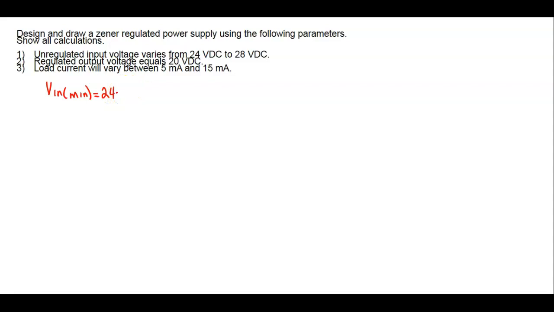24 minimum would be 24 volts DC, and the VN max would be equal to 28 volts DC. And then our circuit, like I said, you can draw it like this, whichever one you prefer.